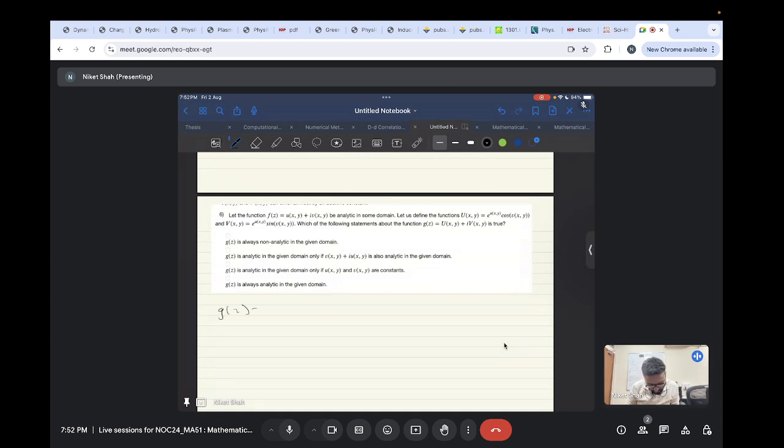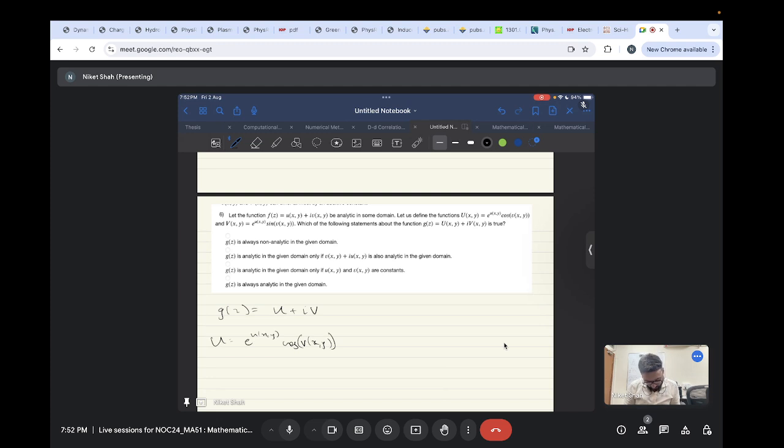g of z is equal to capital U plus i capital V. Capital U is equal to e raised to power u of x comma y cos v of x comma y.